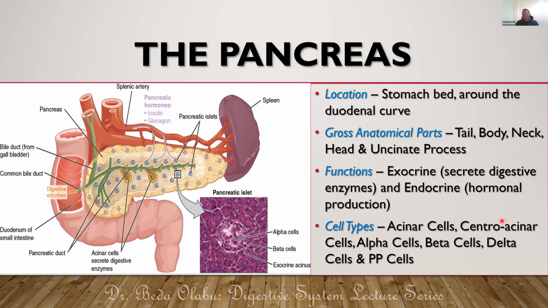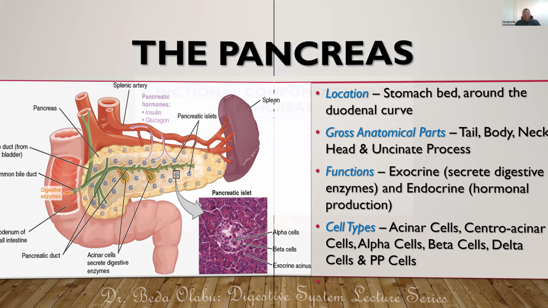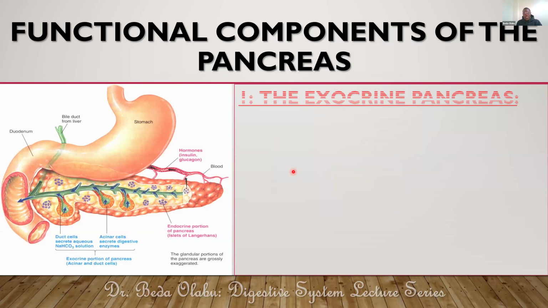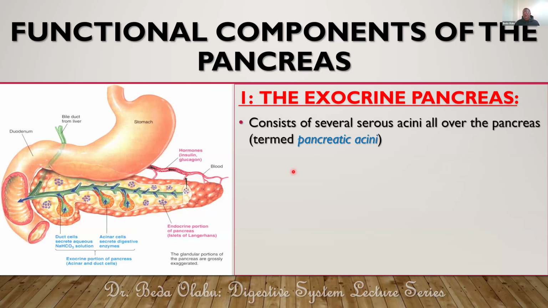Then the cells of the islets of Langerhans would be the alpha cells, beta cells, delta cells, and the PP cells. The other minor ones, I'll focus on those four major ones for the islets of Langerhans. So take note that the pancreas has two functional components, the exocrine and the endocrine component.